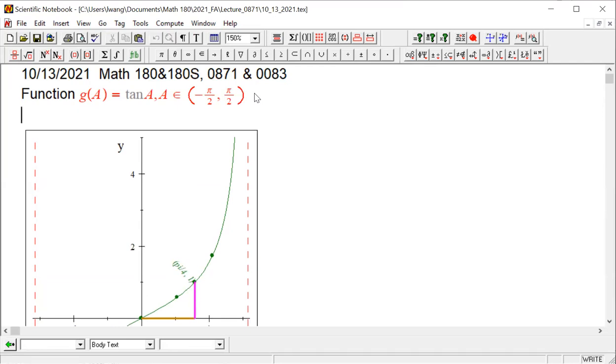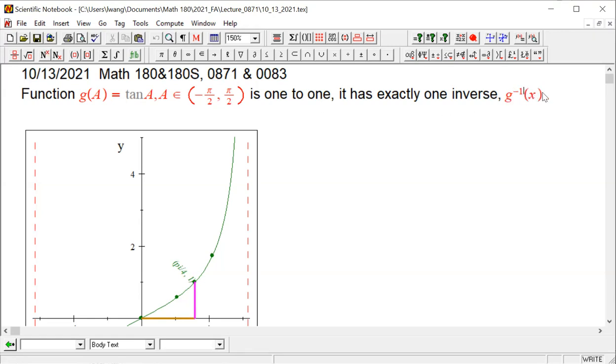This function is 1-to-1, and it has exactly one inverse, and we call it g inverse.